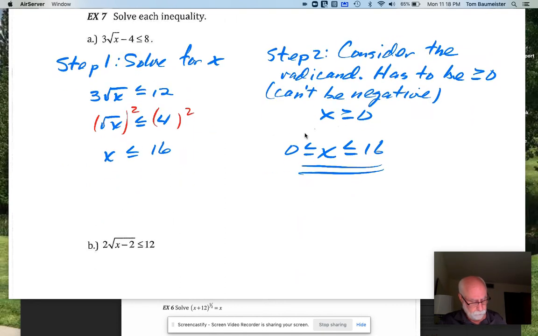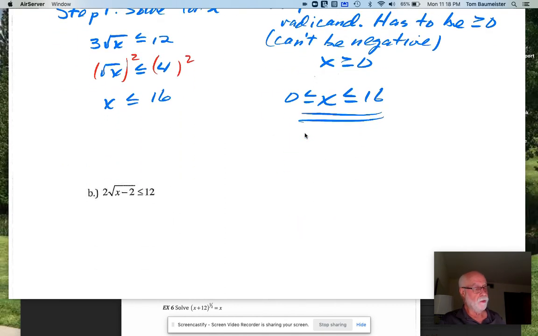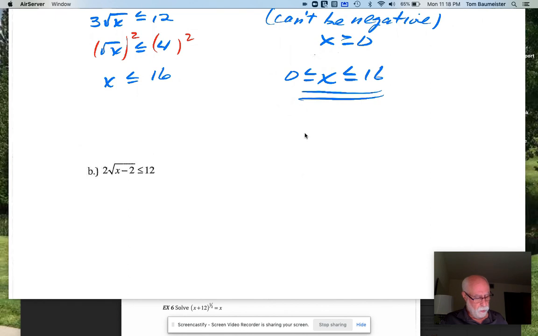Okay. All right, let's try it for this next one here. We're going to do the same kind of steps. So for b, we have 2 times the square root of x minus 2, and that is greater than or equal to 12. So step 1 on here. Again, notice we're still trying to get the radical by itself. So in this case here, we're going to divide by 2.